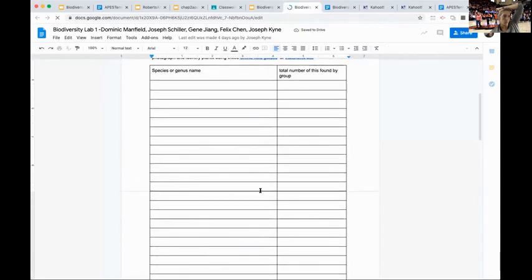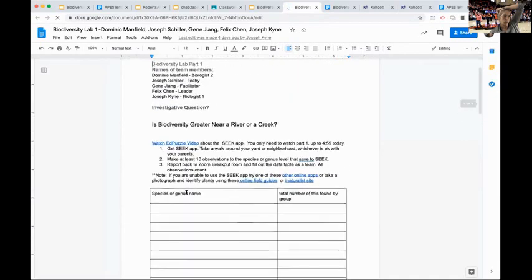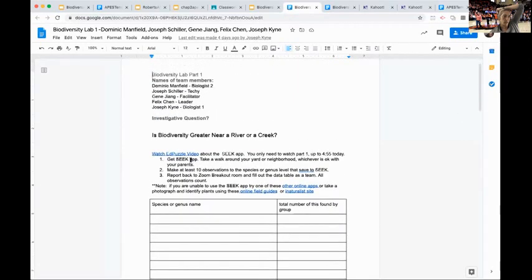And then what we're doing today is you are going to start filling in these charts. So you need to be going outside and making at least 10 observations and all of you contributing. So whoever shared this document, which is probably your techie, needs to give editor privileges to everyone on your team.